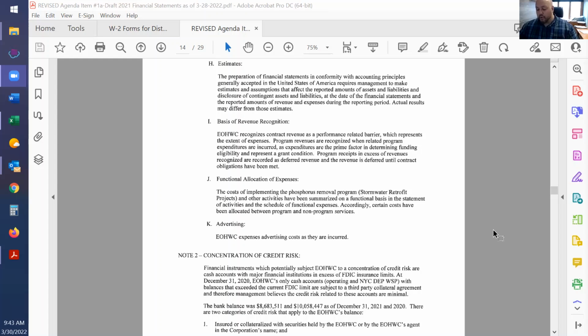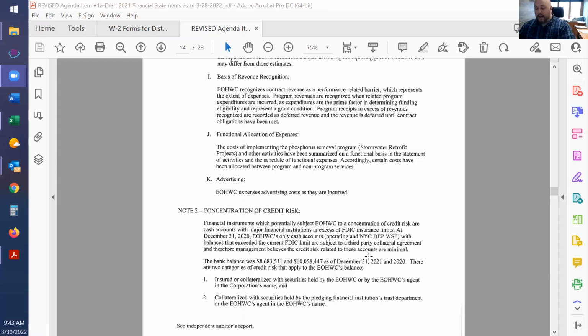So that's the additional coverage you need in case one of the banks does go under. We've at least got collateral, an agreement set to insure those accounts. And this just reports what the bank balances were at the end of each year and the fact that they were collateralized adequately.